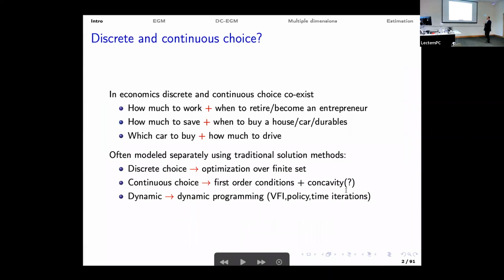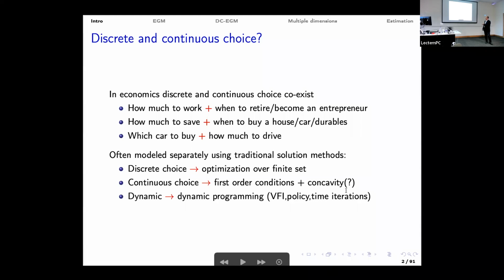All right, so let's first agree that discrete choices and continuous choices come together in our models all the time. How much to work, when to retire, how much to save, when to buy a house, which car to buy and how much to drive. Sometimes the discrete choices can be separated from the continuous choices and the model simplifies.